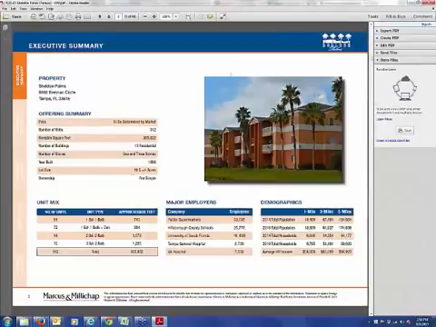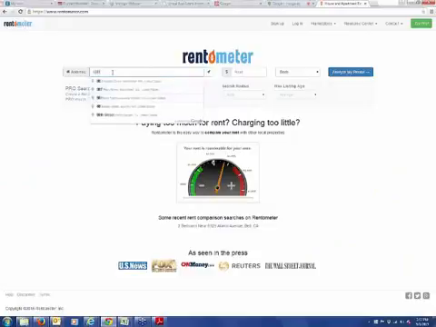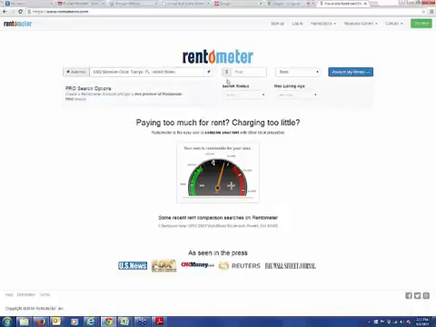8802 Brennan Circle, Tampa, Florida. There it is right there, pops right up. What did he say the rent was?